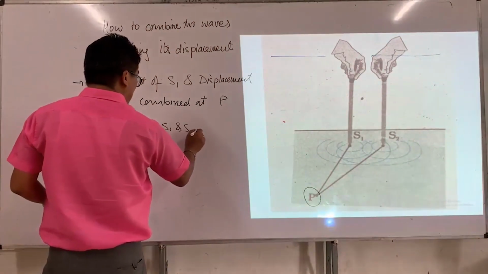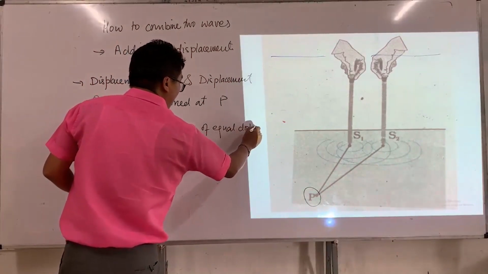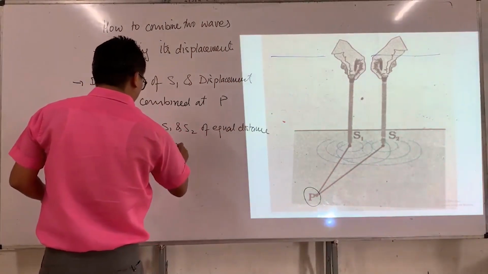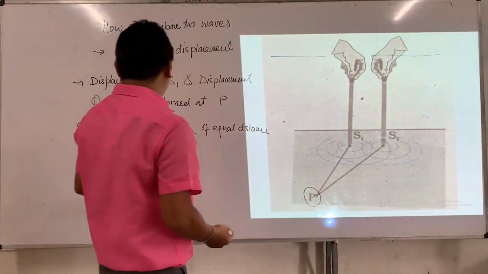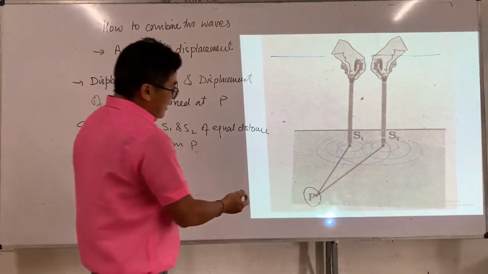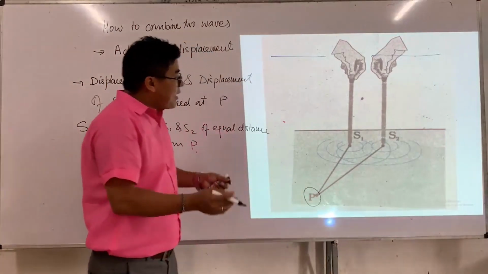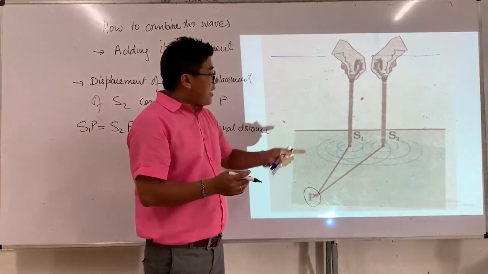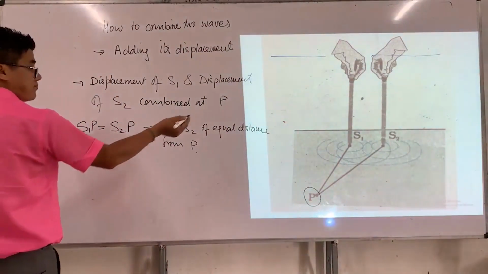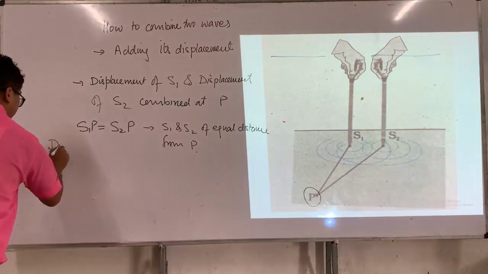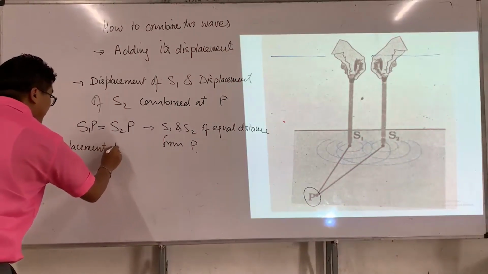S1 and S2 are at equal distance from P. Since I disturb them coincidentally, at point P the wave from S1 combines with the wave from S2. So that means, look at here, I'm going to find the displacement at P.